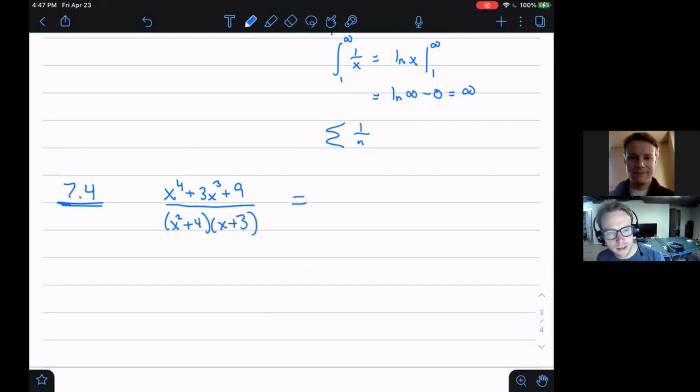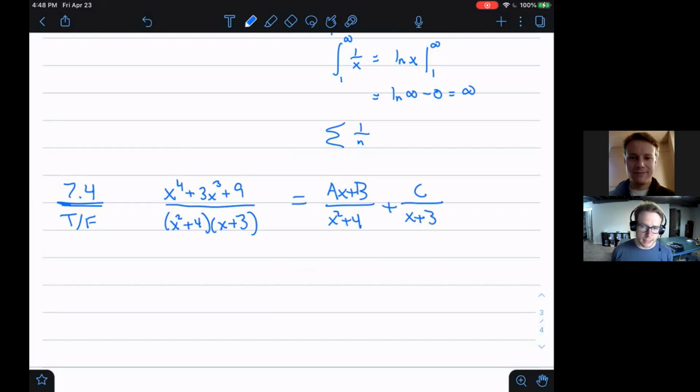And this asks, if you were to decompose this with a partial fractions decomposition, true false, that this looks like (ax plus b) divided by (x squared plus 4), plus c divided by (x plus 3).